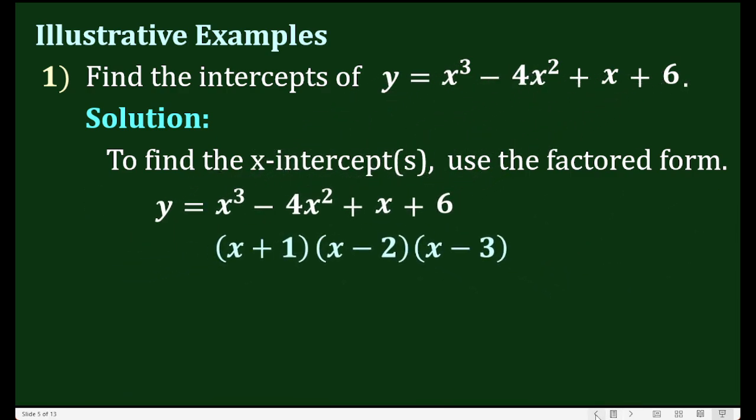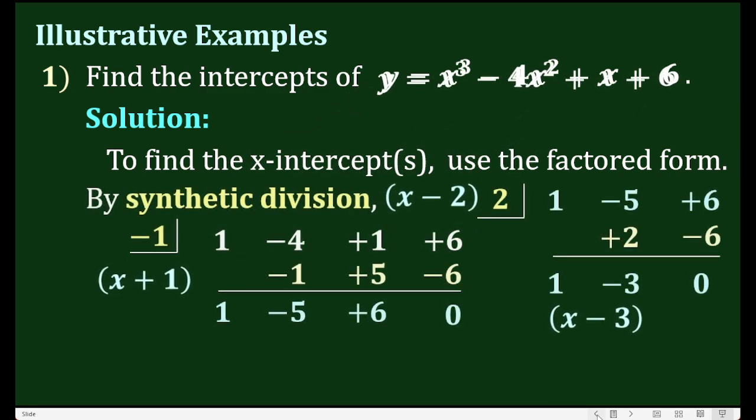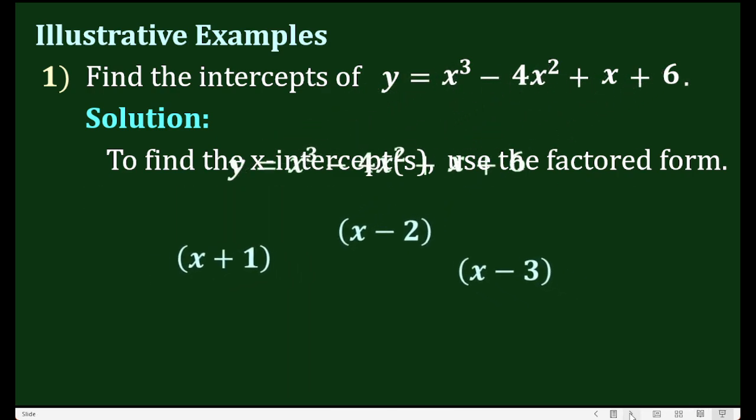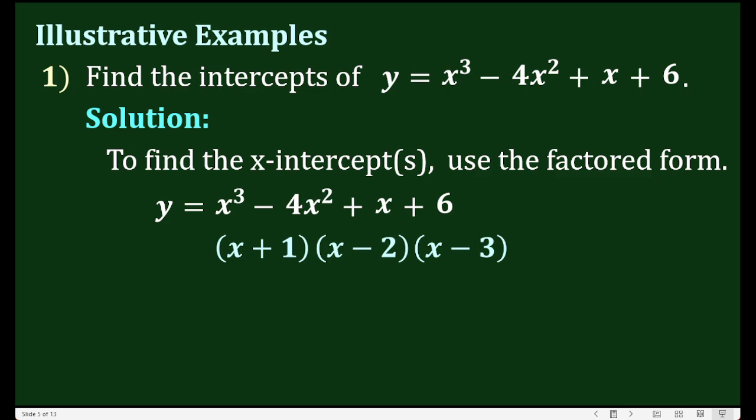We have just obtained the 3 factors, and let us put them together. They are equivalent to this polynomial expression. Therefore, the given polynomial part is equivalent to quantity x plus 1 times quantity x minus 2 times quantity x minus 3. That is your y.